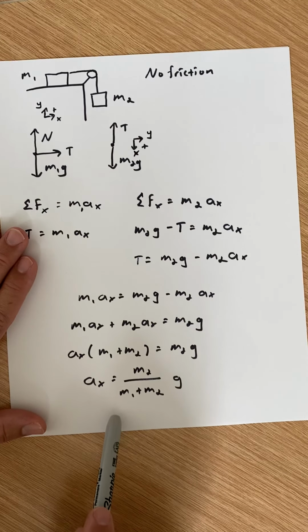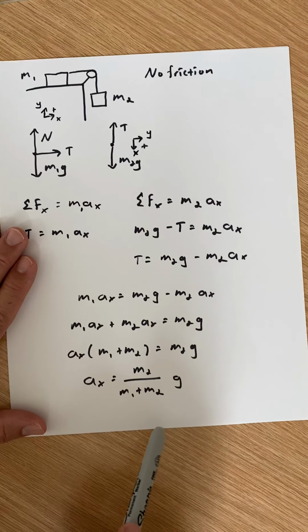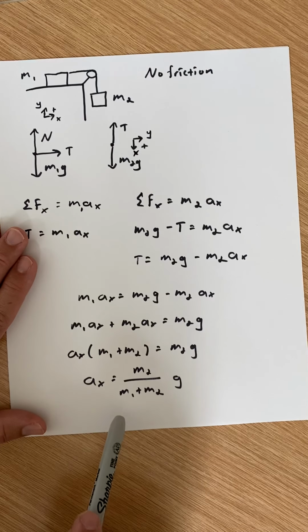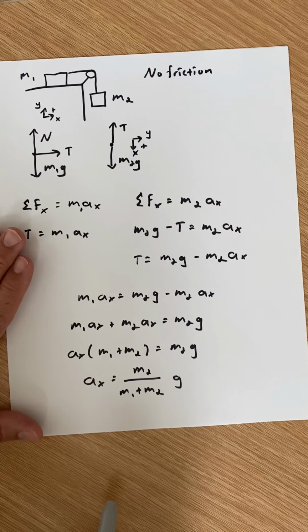If m1 is really big, then m1 dominates in the denominator, and m2 over this is kind of like m2 over m1. And so then my acceleration gets smaller and smaller. So you can see the physics here. It depends on the ratio of the masses, or at least the ratio of mass 2 to this additive term. And then that is a fraction of g.